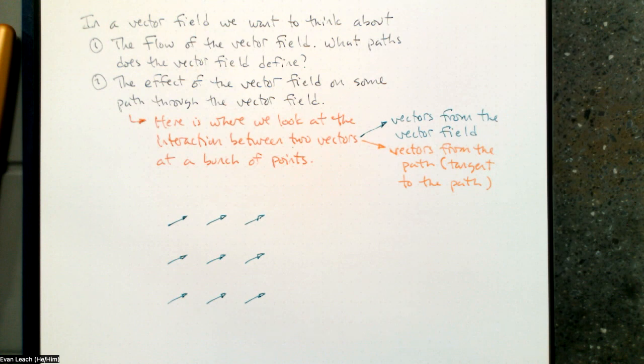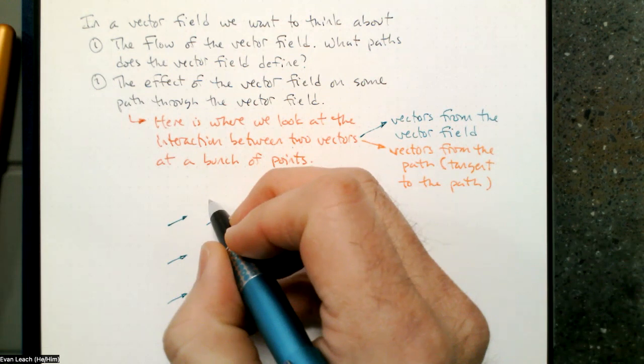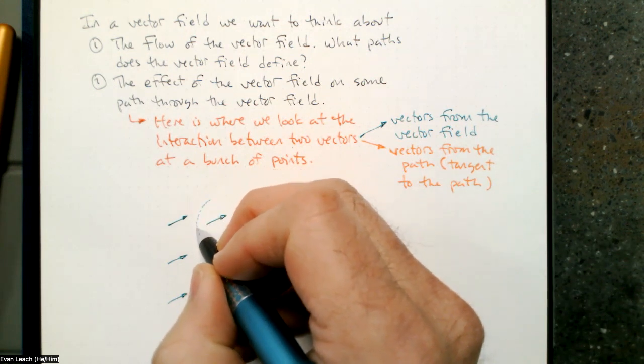So here's a vector field, and then there's going to be some path running through the vector field. So now the path is just going to be a one-dimensional curve.